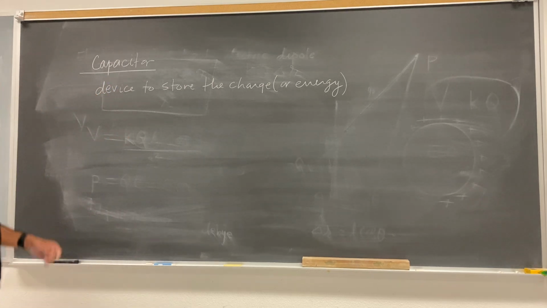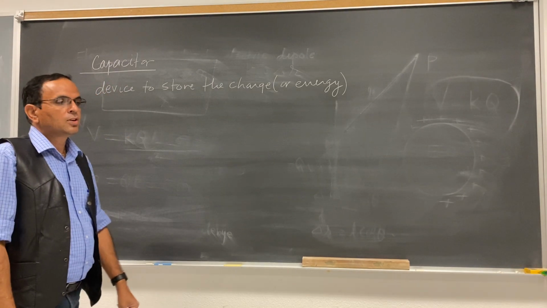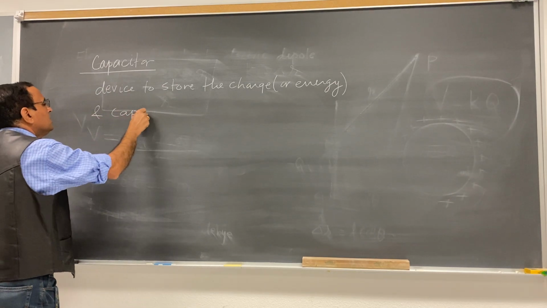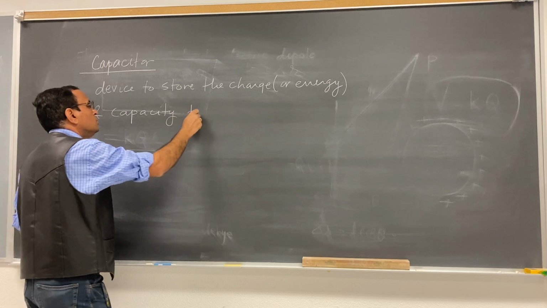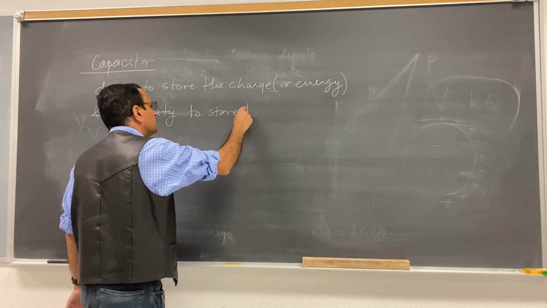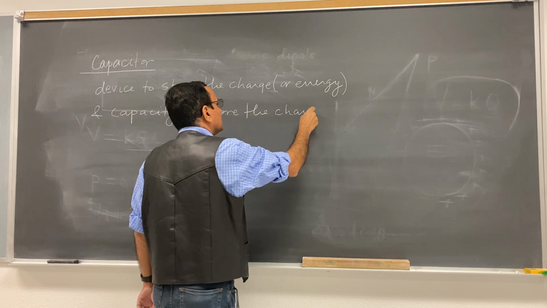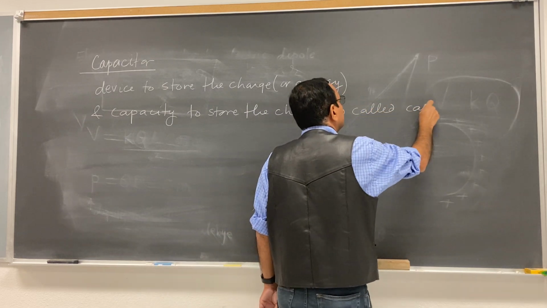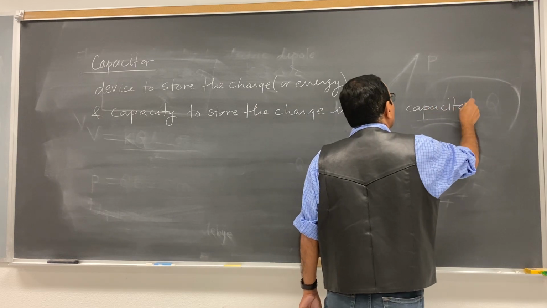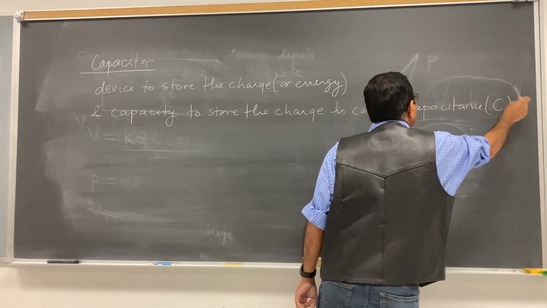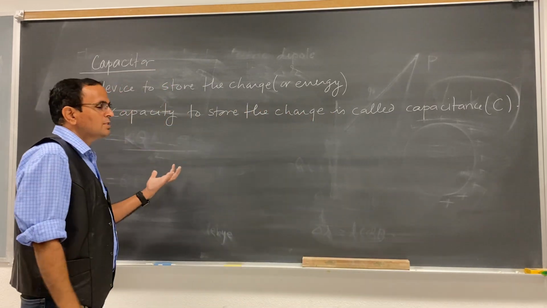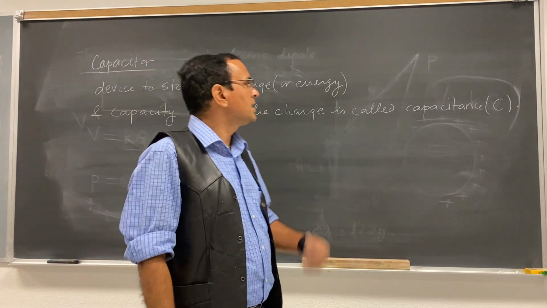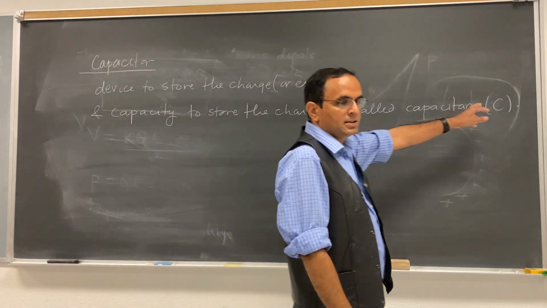The capacity, or ability, to store the charge is called capacitance. It is simply represented by uppercase C.